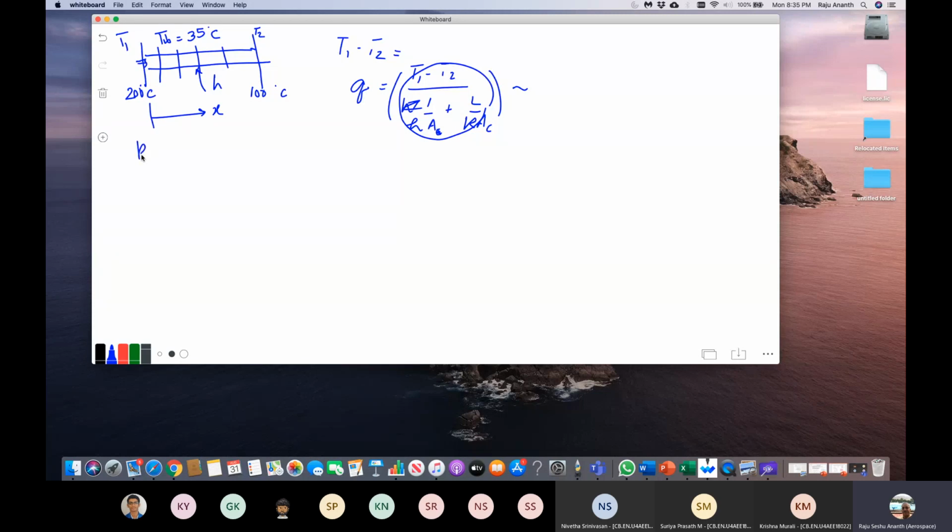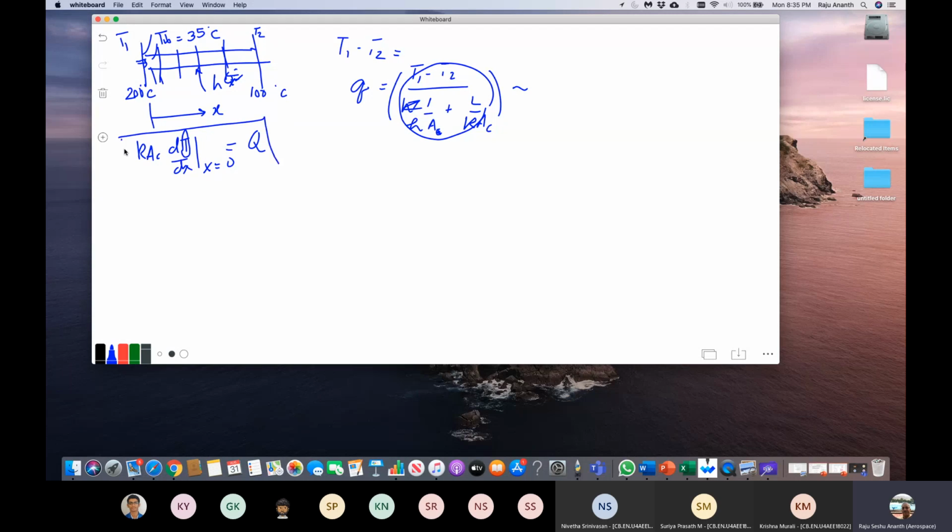So it's basically K cross section dT/dx at x equal to 0 is the Q. But in this cross section here, this is not Q, because it's already escaped here. So one way to do it, if I know the temperature distribution, by taking the gradient at x equal to 0, I can get the Q.